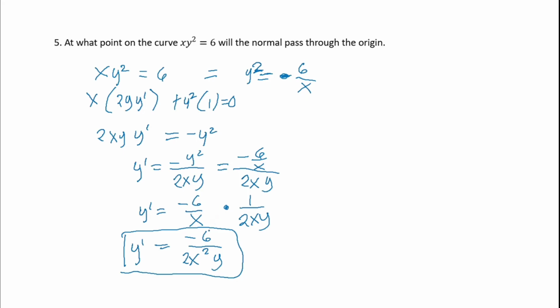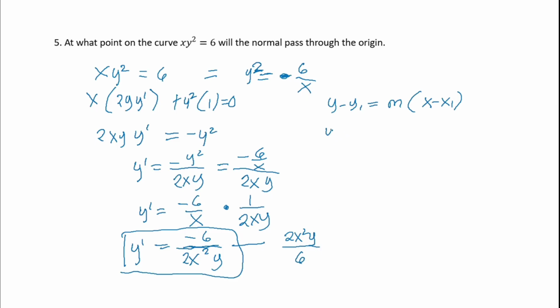So we need to substitute it to the equation y minus y sub 1 is equal to m times x minus x sub 1 in order to get the point on the curve xy squared where the normal passes through the origin. So since this is the tangent slope, the normal slope would become 2x squared y over 6.